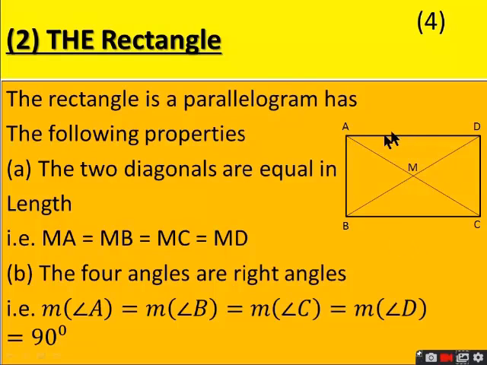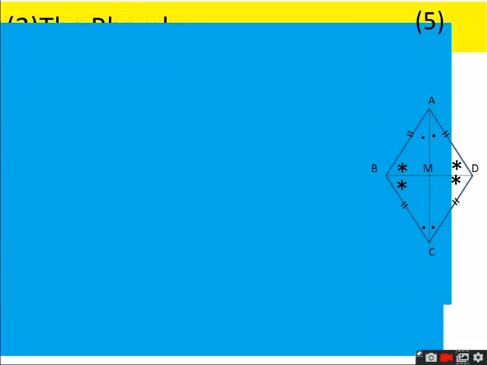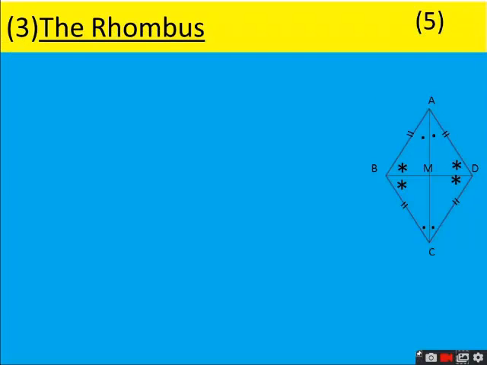And the measure of each angle equals 90 degrees. Then we can say that a rectangle is a parallelogram with a right angle. Also we can say that a rectangle is a parallelogram with two diagonals equal in length.